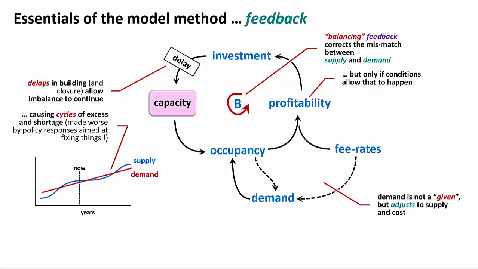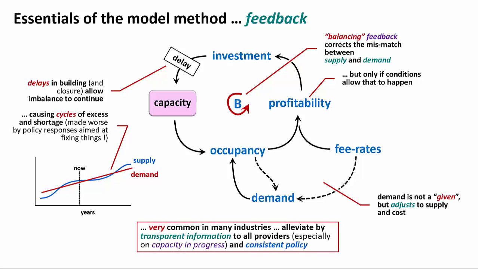This is a very difficult phenomenon to deal with, and it's typically made worse by policy responses that are aimed at fixing things. What typically happens is that when there is a shortage, too many people decide it's a good idea to build new capacity, so when the capacity comes on stream, you actually move from a shortage of places to an over-provision.